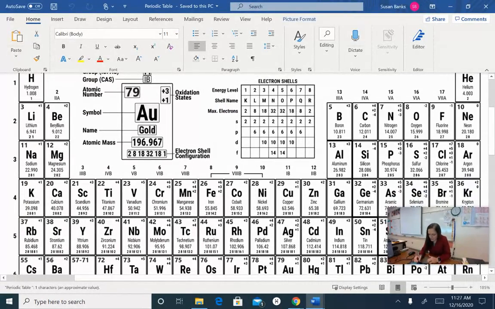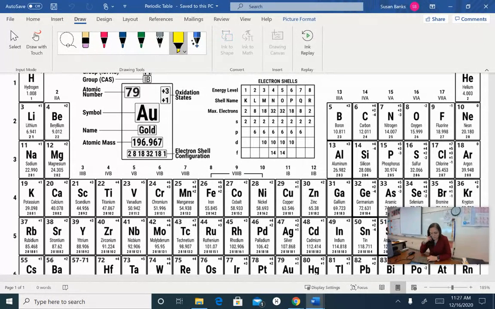So iron right here, if you look at this periodic table, it tells you the charge that iron can acquire. It can acquire a +2, a +3, or a +6. It usually acquires a +3, so we're going to usually use it as a +3. Oxygen acquires a -2 charge.